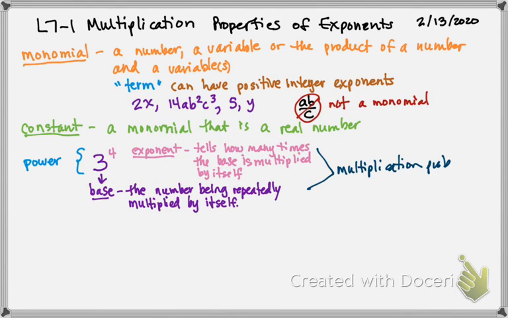Now, as always with our new chapters, the beginning lessons should be repeated information, and then it's going to get a little bit gnarly down the line. So if I have 3 to the 4th power, it is the same as saying 3 times 3 times 3 times 3, okay?